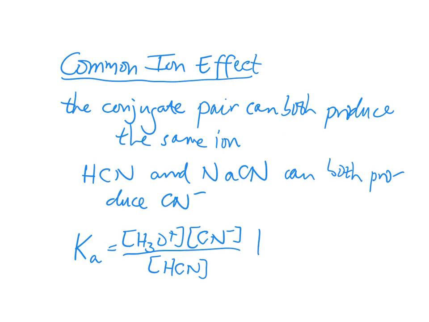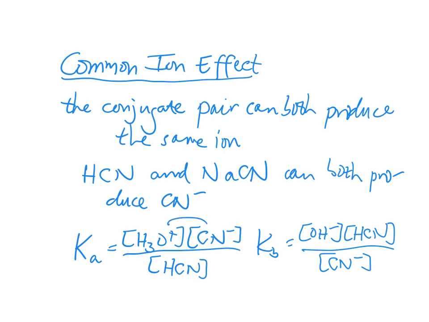Kb looks very much the same as Ka, except that CN minus is our focus, and so we have OH minus and HCN and CN minus. You can use those, either one of them. The key is simply that these two parts, the numerator, are not going to be equal.